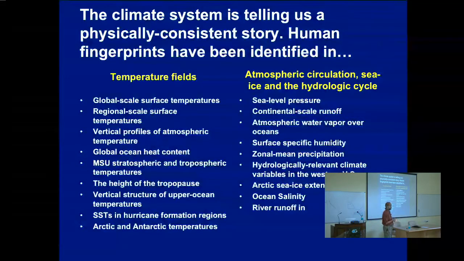Things like what happens to sea level pressure when you start changing climate, continental scale runoff, atmospheric water vapor, especially over oceans. What do you expect to happen? Increase. When you start increasing temperature, you have higher saturation vapor pressure over oceans, and therefore you have to have more water, right?